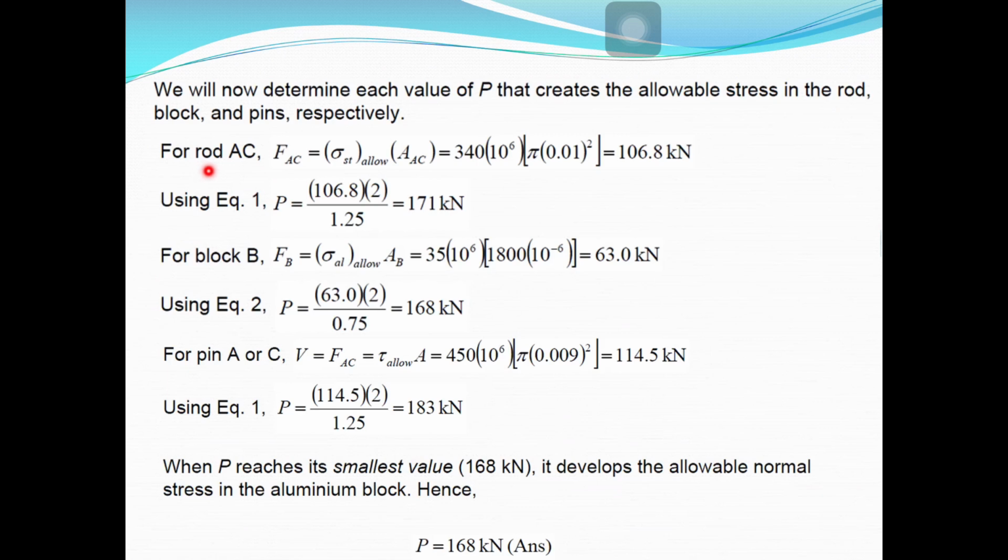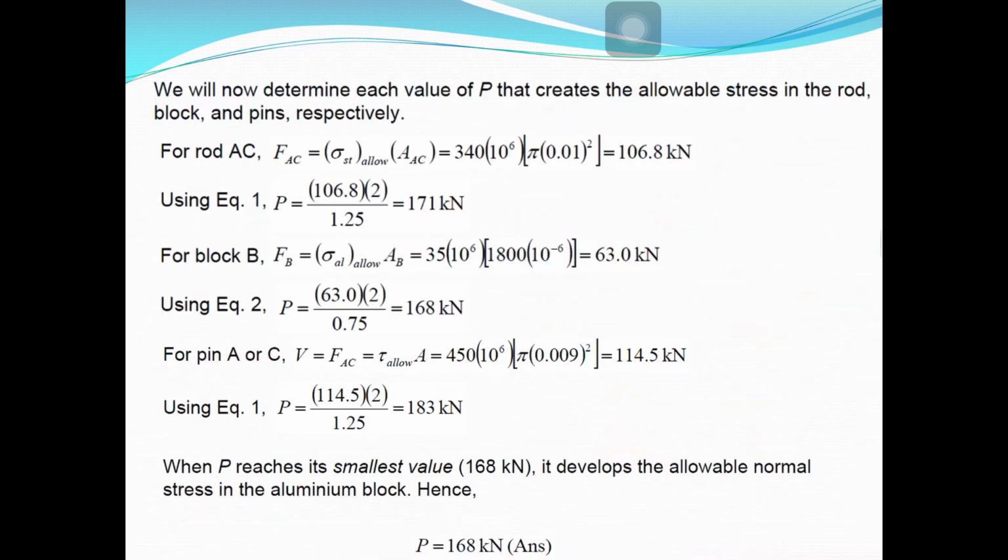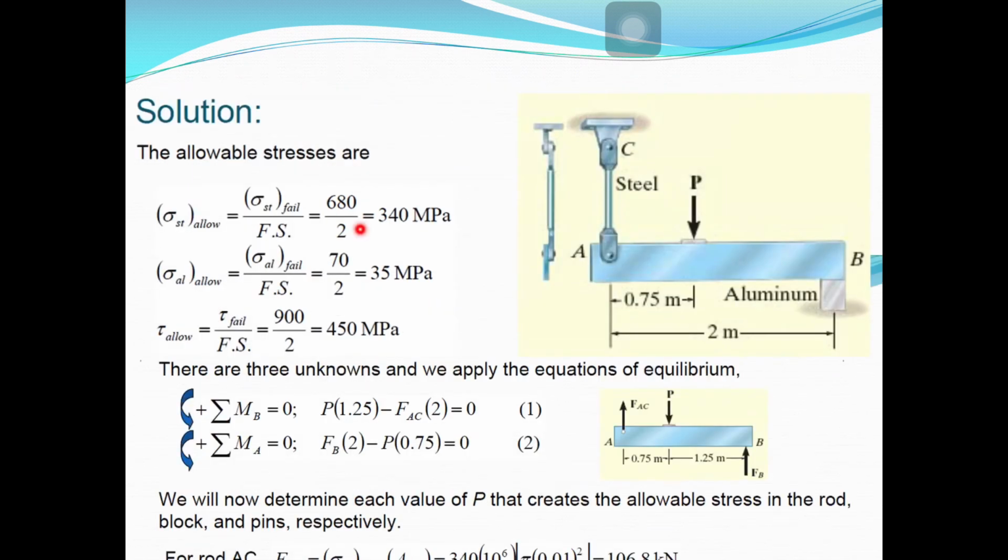So for rod AC, where is rod AC? This one. Rod AC is basically normal stress. Sigma is P over A. So how much is sigma for rod AC? 680 divided by 2.